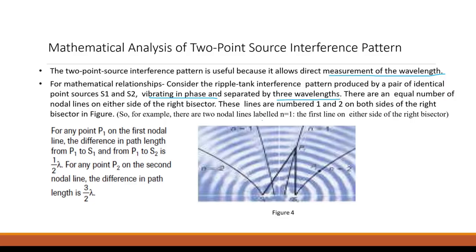There are an equal number of nodal lines on either side of the right bisector. These lines are numbered 1 and 2 on both sides of it. So again, right bisector, nodal line 1, nodal line 2, 1 on each side.